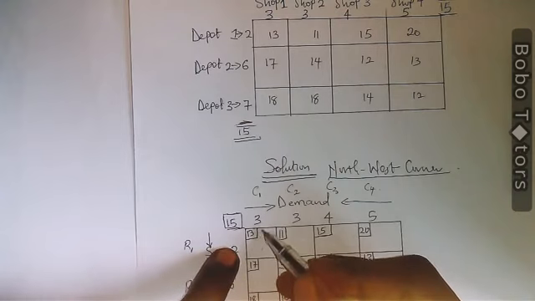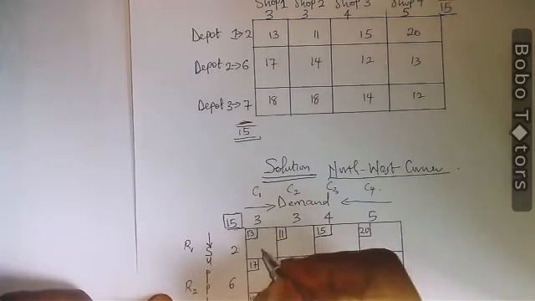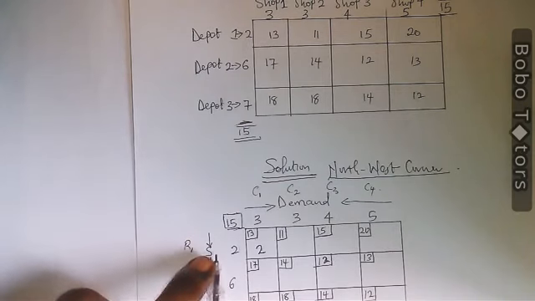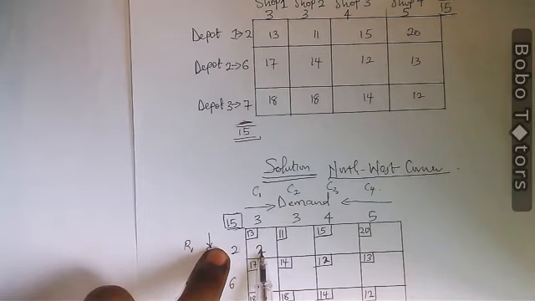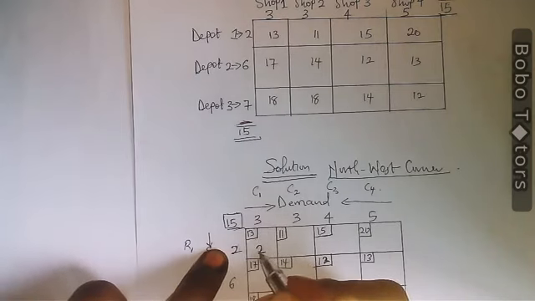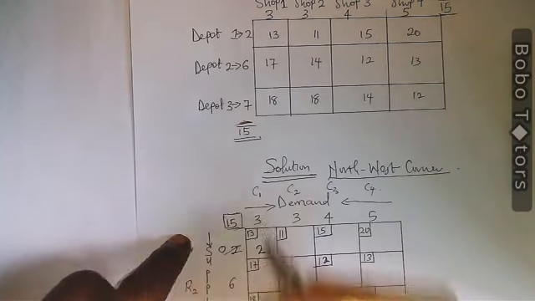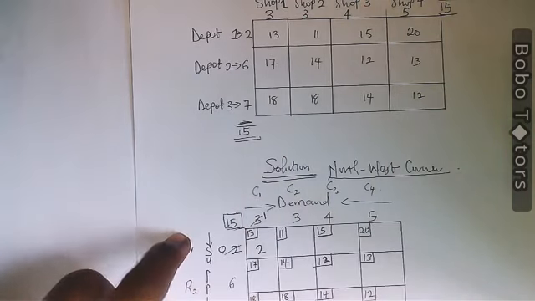In order for you to understand this better, you pick the lower between these two figures, you write your 2. The implication of this is that depot 1 has supplied 2 goods to shop 1. Since depot 1 has supplied 2 goods to shop 1, depot 1 did not have any goods again, but shop 1 still needs 1.